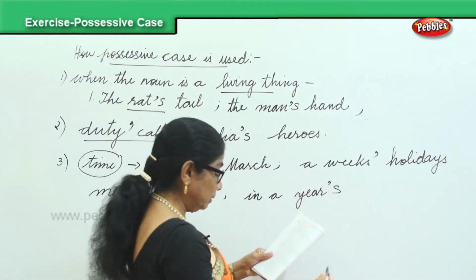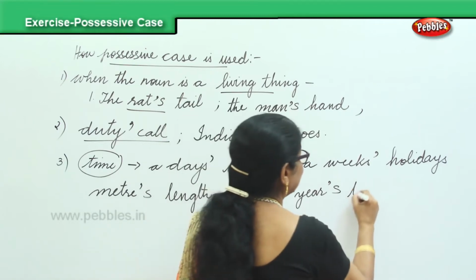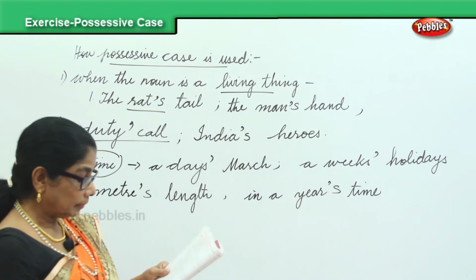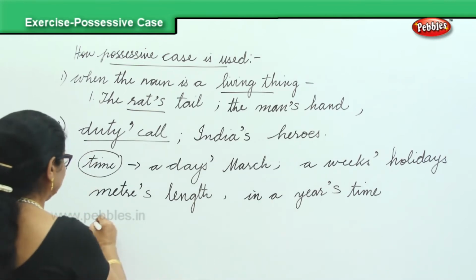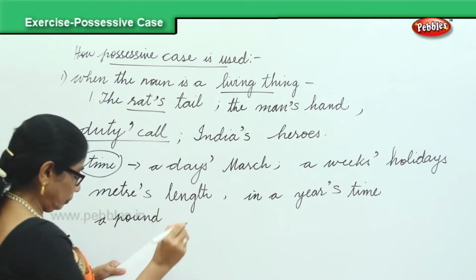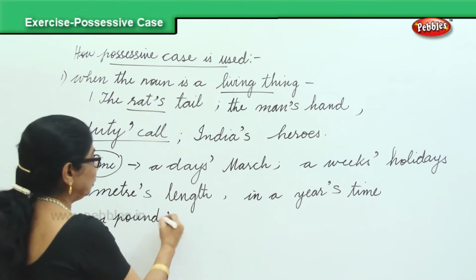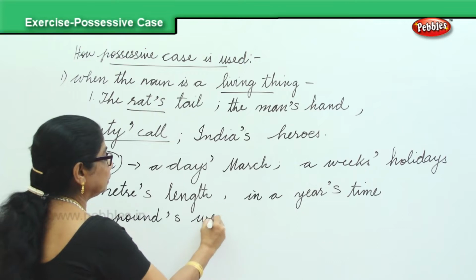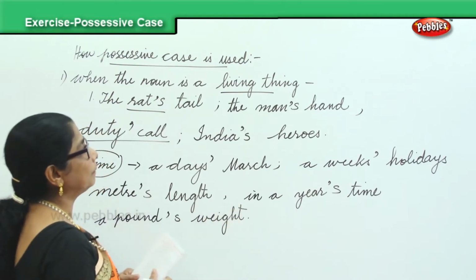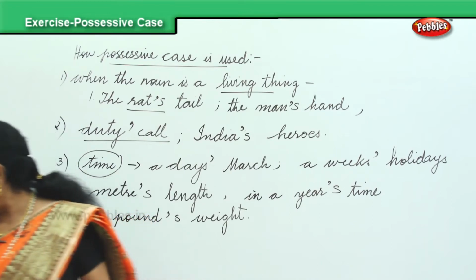Then we have a pound's weight. Put pound, apostrophe, S, weight. And these three are different from what we had done earlier.